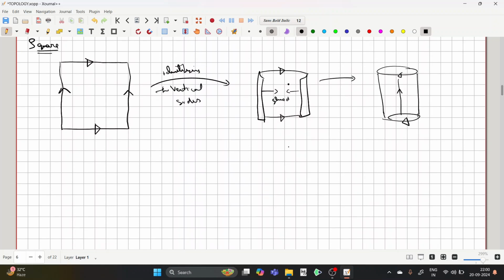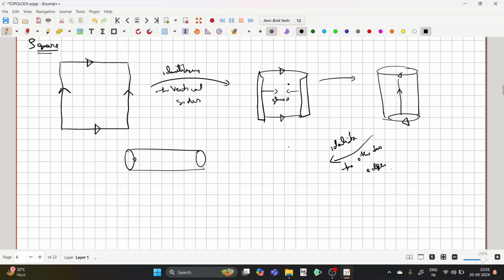Okay. Now from here I want to identify the other two edges, the horizontal edges. To do that, I place it out horizontally like this.